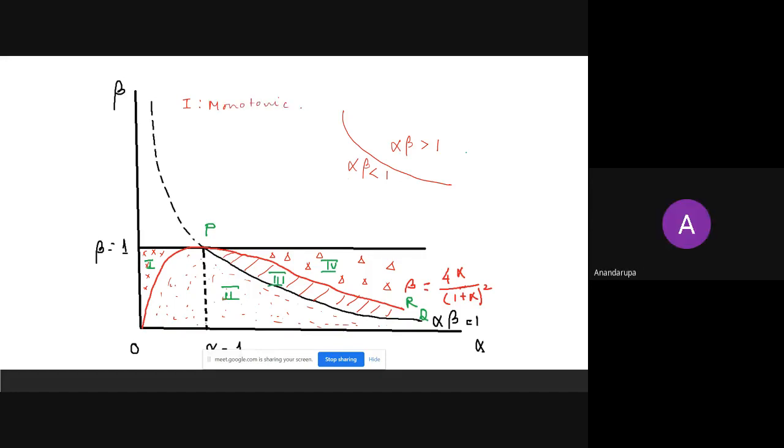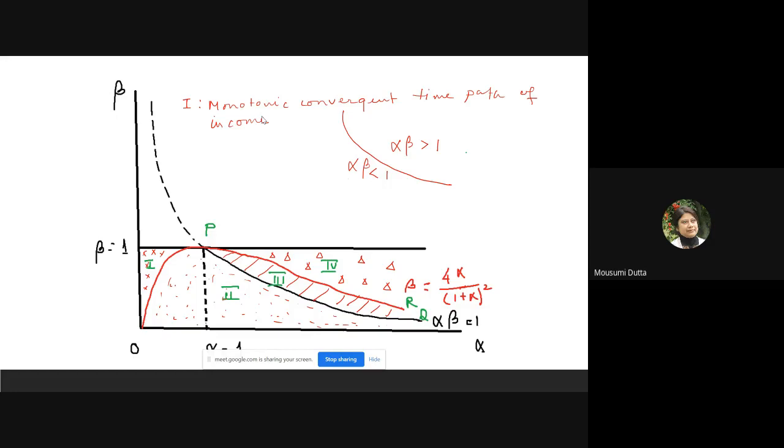Monotonic and convergent time path of income. Okay. So together the two conditions provide a monotonic convergent time path of income.